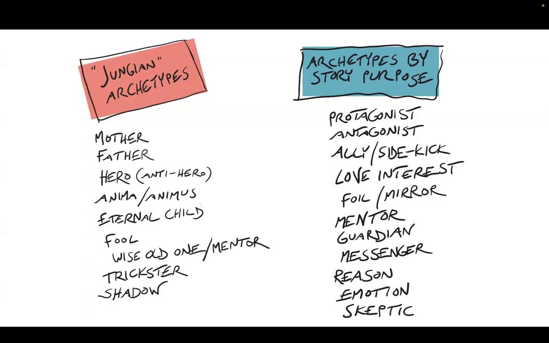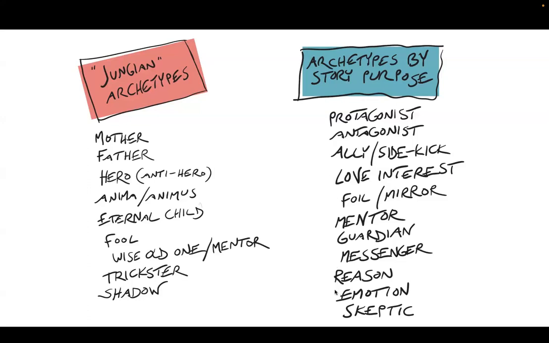Okay, so I think I've already talked about the foil and mirror, and the mentor and guardian. They come from the hero's journey, as well as the messenger character, which has been used also for a long time, also by Shakespeare.